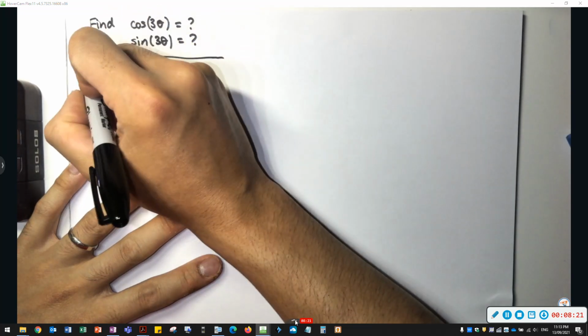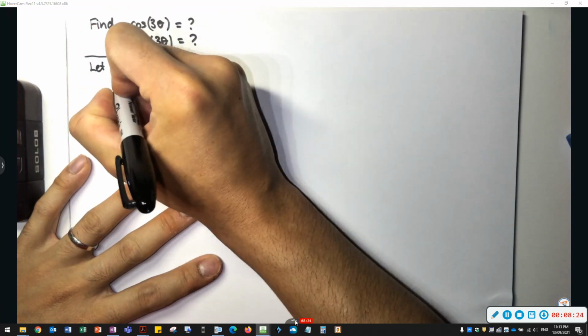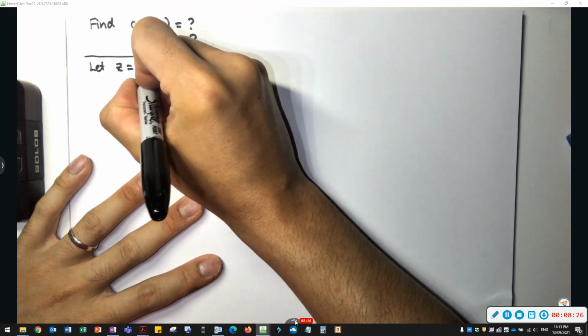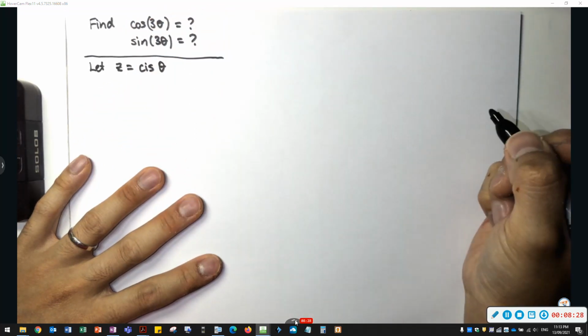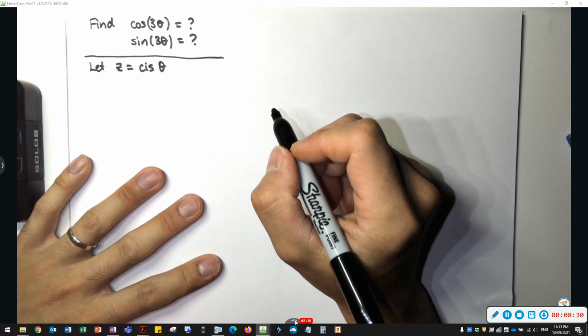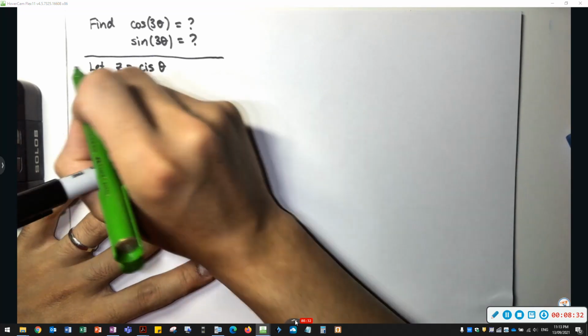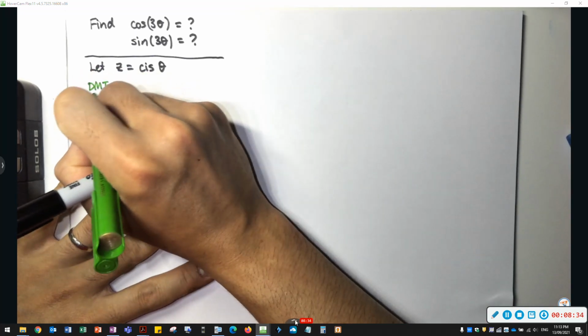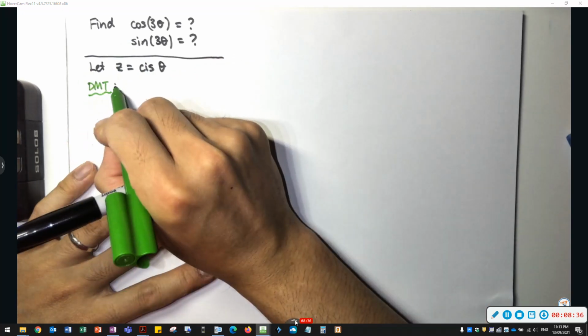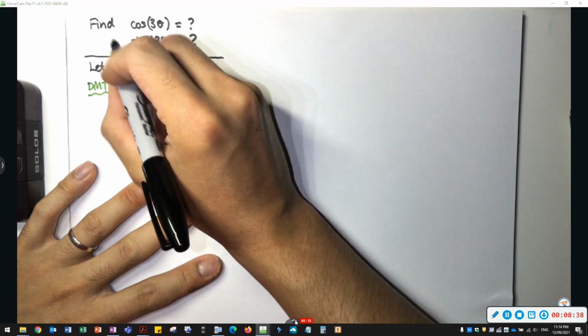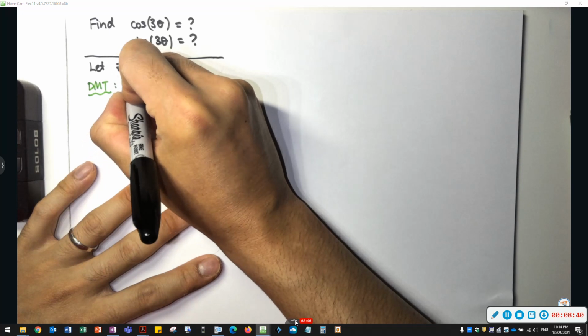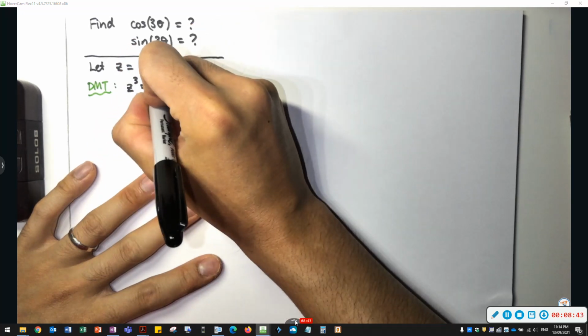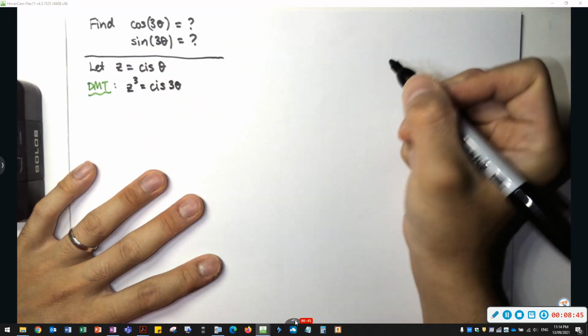So first up, let's let z equal cis theta. Okay, so this is the polar form. So when you do a polar form, you're going to use de Moivre's theorem. Alright, that's going to look like z cubed equals cis 3 theta.